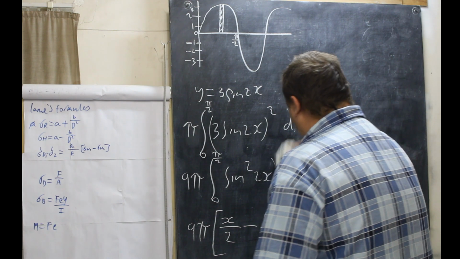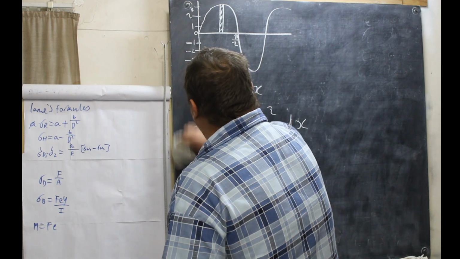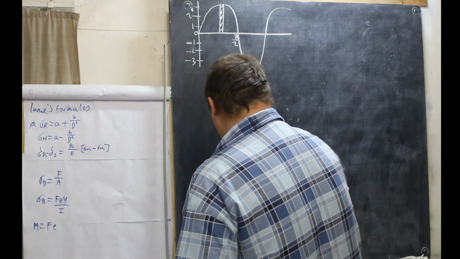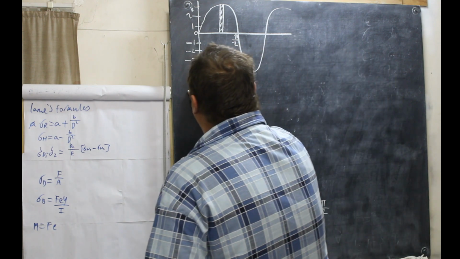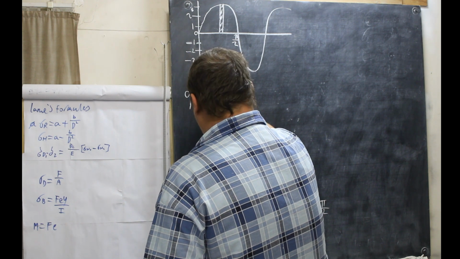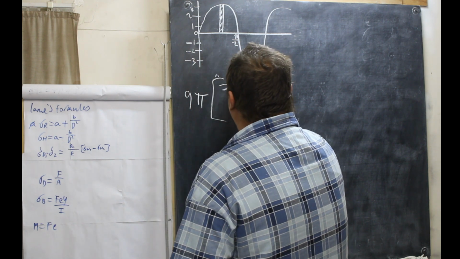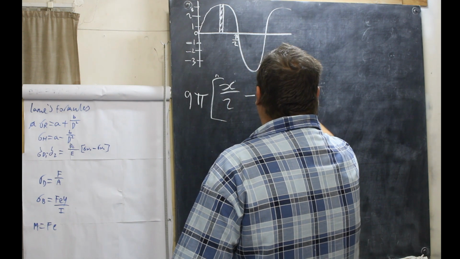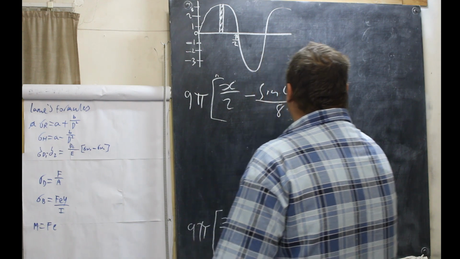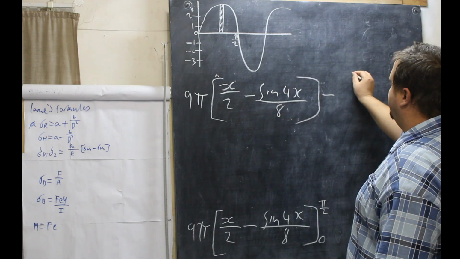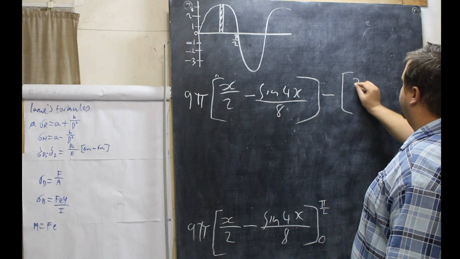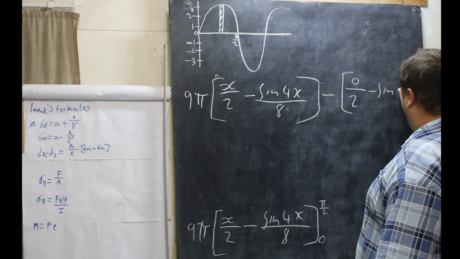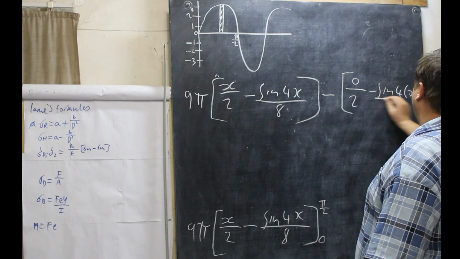So, what we are left with is 9 pi times x over 2 minus sine 4x over 8, minus 0 over 2 minus sine 4 times 0 over 8.